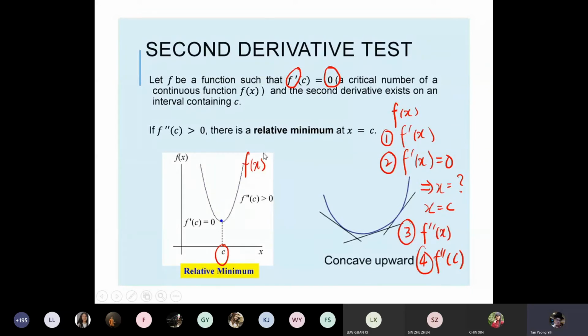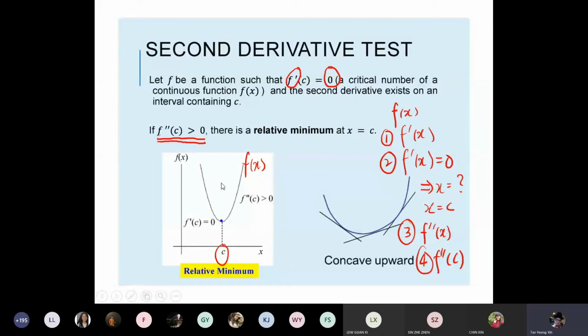Now we come to two situations here. If the answer we get after we substitute the c into the second derivative is a positive number, then the graph is actually like this.